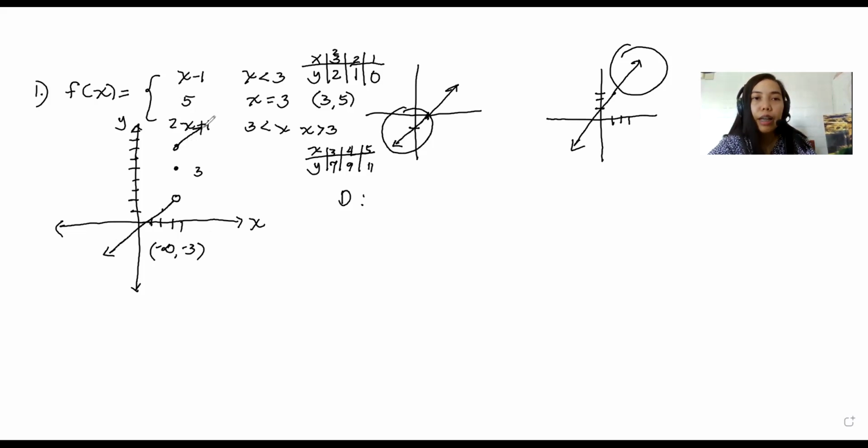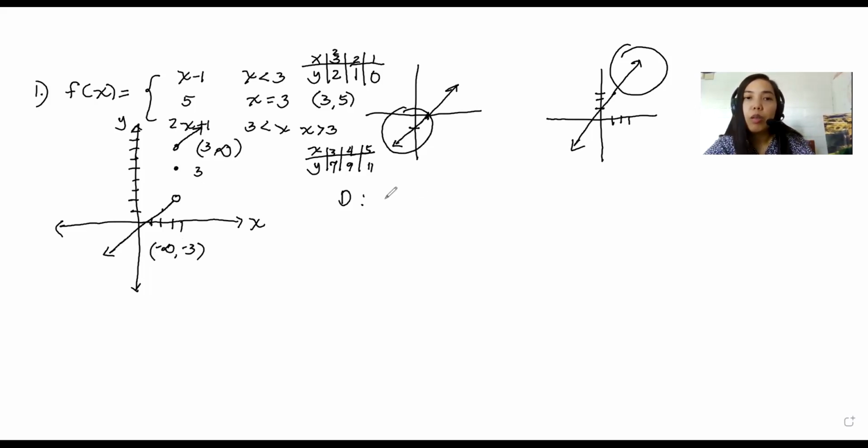And for this line, it's open at 3. The value of x is from 3 up to positive infinity, and it's open at 3, up to positive infinity. So when we check the values for x, we can see that we can use negative infinity up to positive infinity.